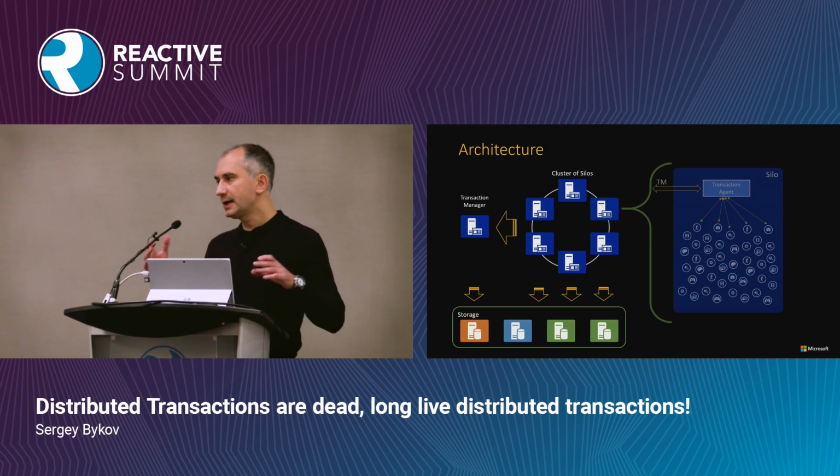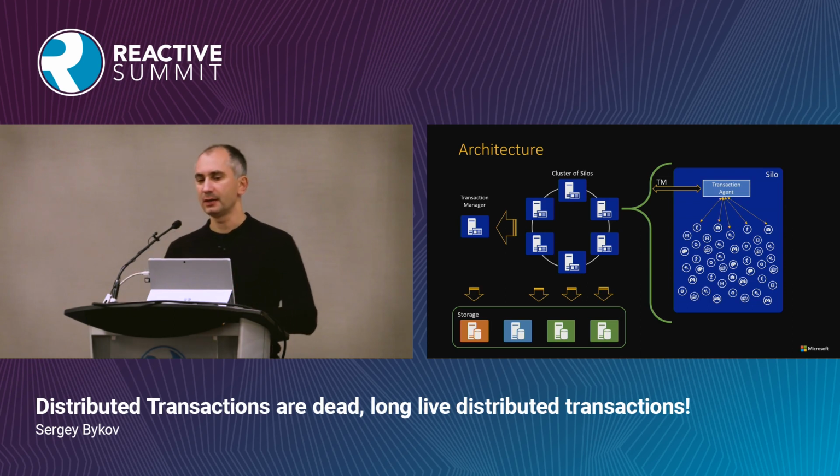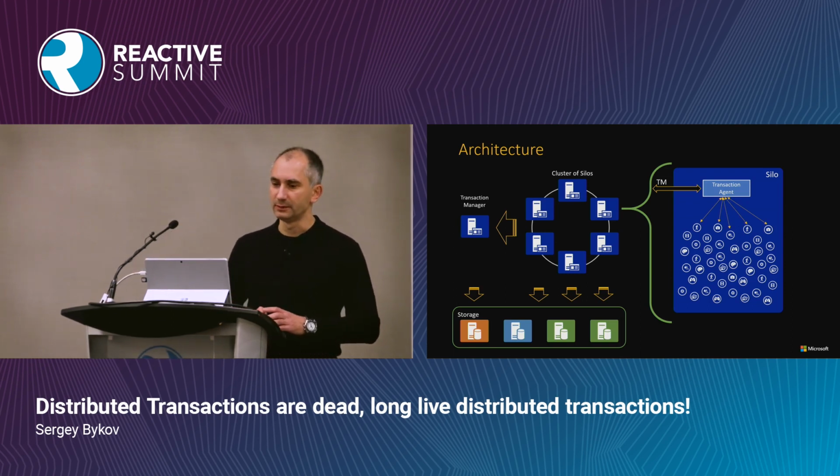Inside each silo, we instantiate and run at any point in time hundreds of thousands or millions of grains, depending on the complexity and how expensive operations are. And they all communicate with the transaction manager via a transaction agent that can act as a messenger on behalf of all grains in the silo, because you don't want them individually talking to the manager.